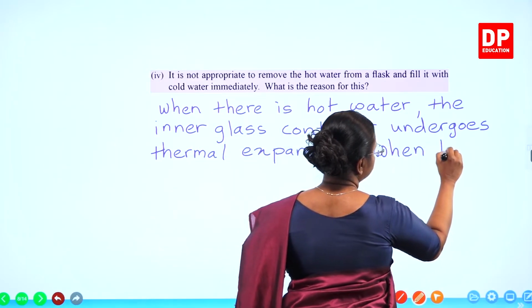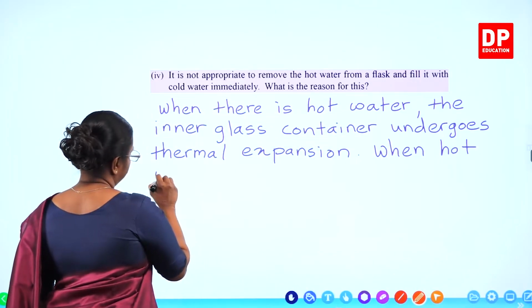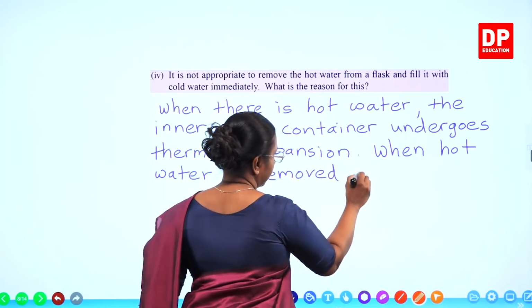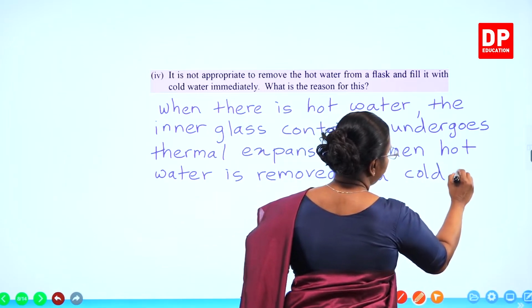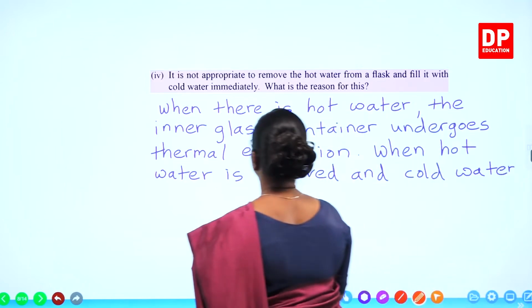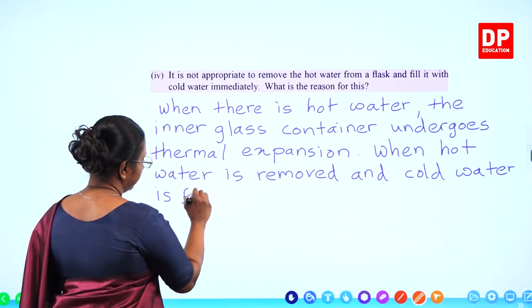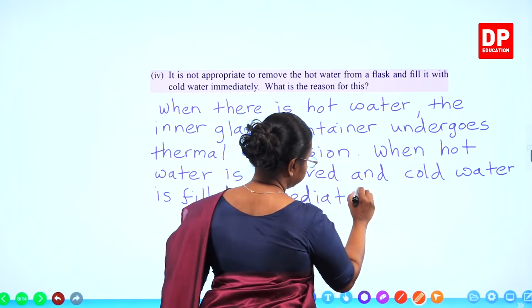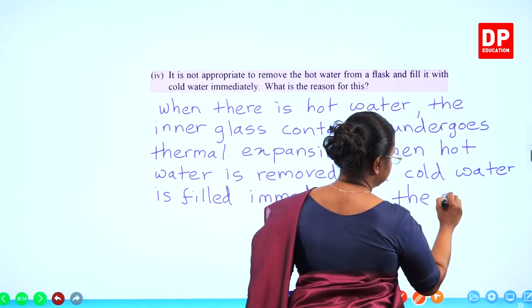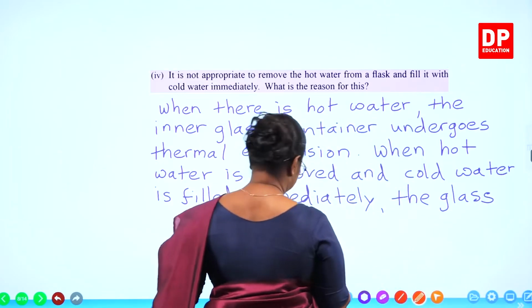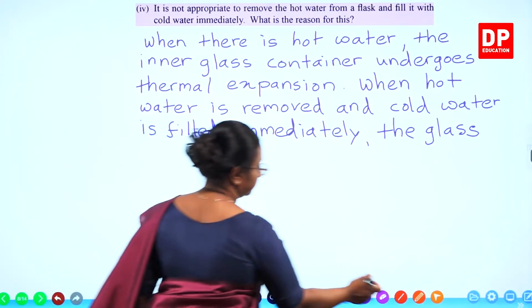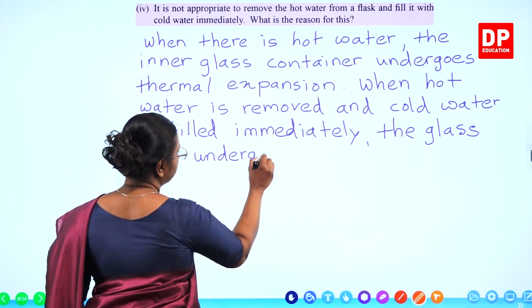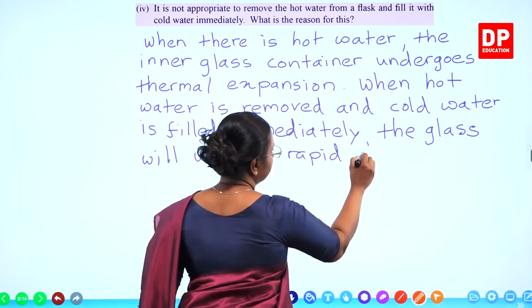When hot water is removed, and cold water is filled immediately, the glass will undergo rapid contraction.